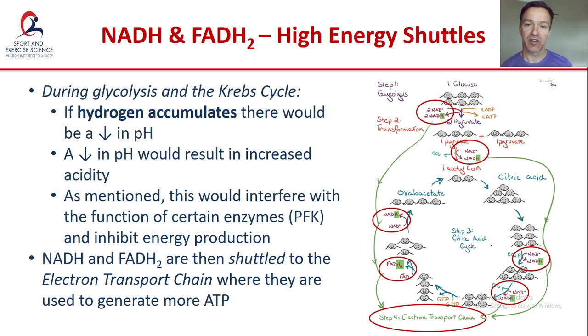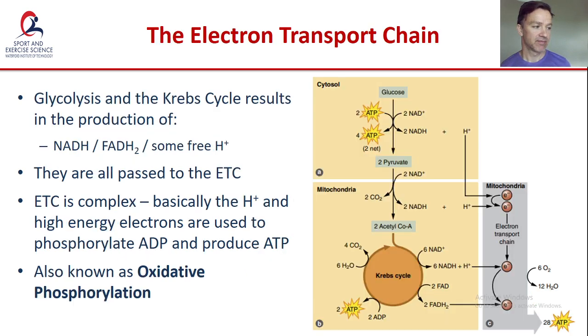They are then taken over to the electron transport chain. The electron transport chain, right, we've mentioned this a couple of times. Again, this is another fairly complex series of reactions that completes the oxidation of carbohydrate and the production of energy.